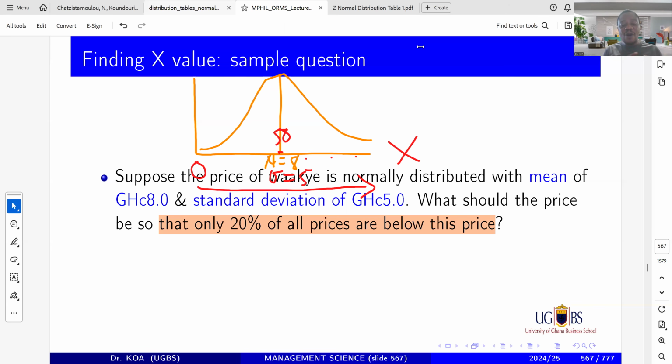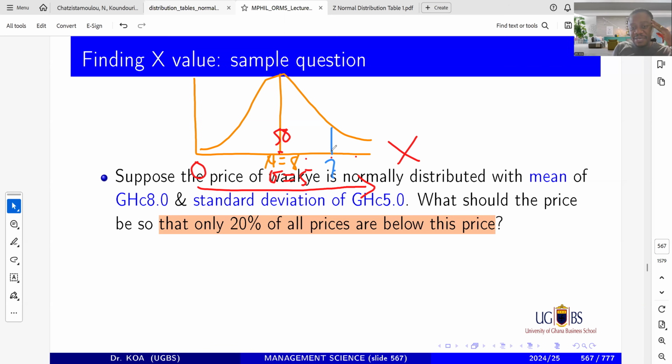Okay, good. Now, you have been told that 20% of all the prices are below a certain price. So I'm looking for a price. The mean price is 8. The price can be above 8, it can be below 8. But what we know is that 20% of all prices are below this price. Suppose I assume that the price I'm looking for, which I don't know, is a question mark and is here.